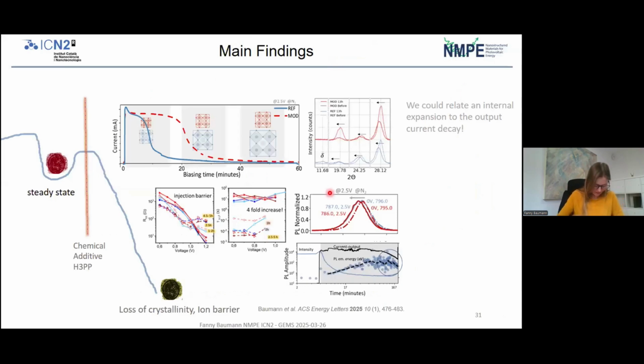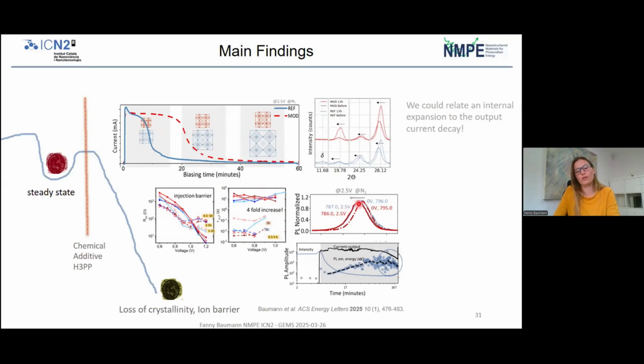So to summarize, we saw that the current decay and the decay in performance of the device was really related to this expansive strain. And we could see that the modification was in a more compressed state at all times, but it didn't prevent the change from happening. Once the lattice was expanded, we saw a large increase in the ion migration possibility, and this seems to lead to an injection barrier forming at the interface.